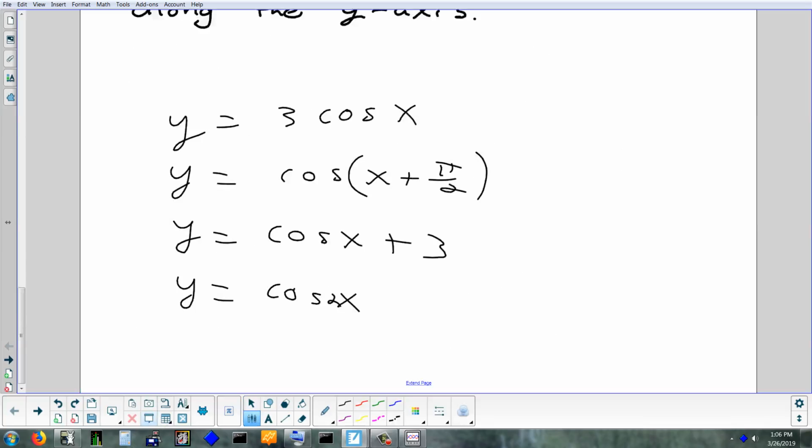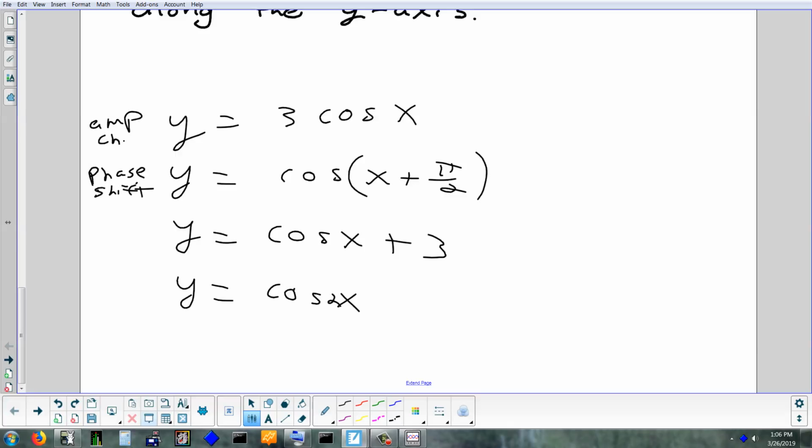Which one of those is a phase shift? The second one, that's a phase shift. Which one is an amplitude change? First one. What's the third one? Also a phase shift?